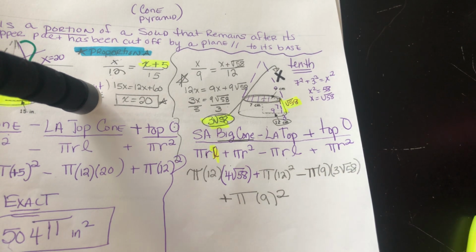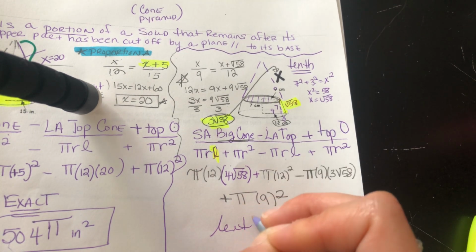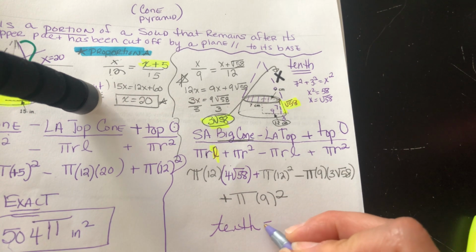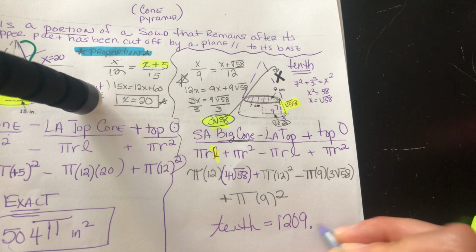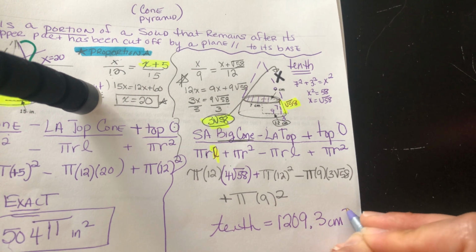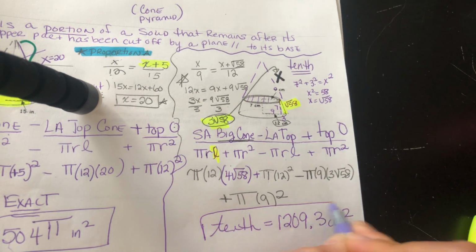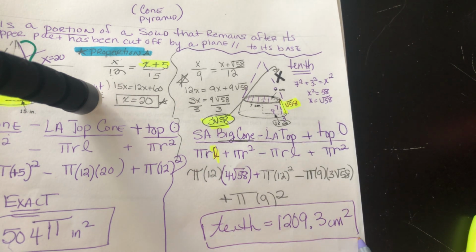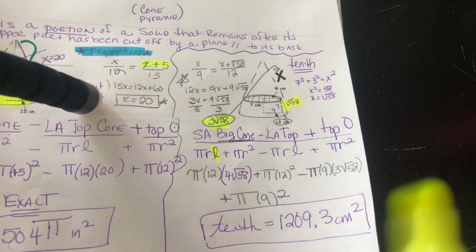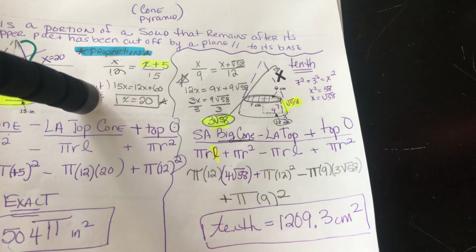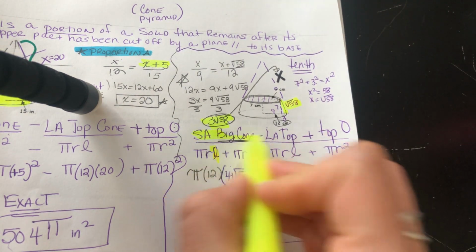Once you put that all in your calculator, I'm going to have you guys round to the nearest tenth. And you get 1,209.3 centimeters squared. So it is complicated, but I think by me showing it to you the first time, it shouldn't be that terrible.